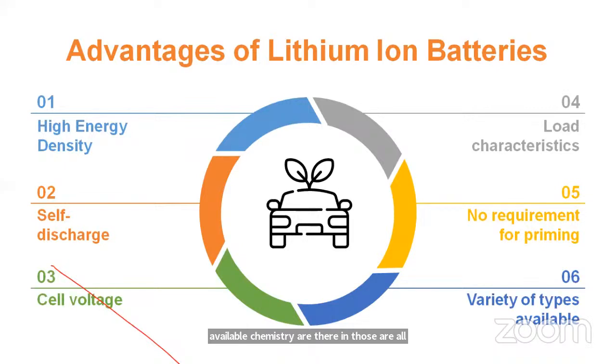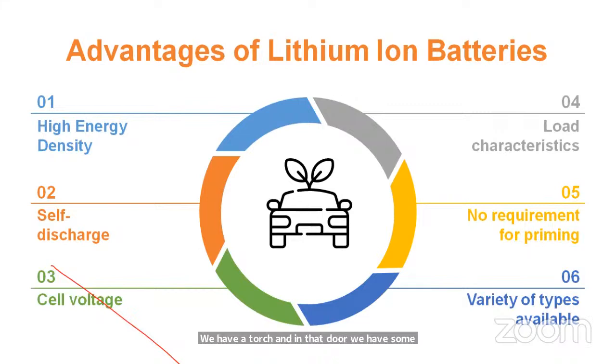What is meant by highest energy density? In each and every cell, some energy would be there. For example, I hope you all remember, in our childhood we had a torch, and in that torch we used to keep two or three cells.